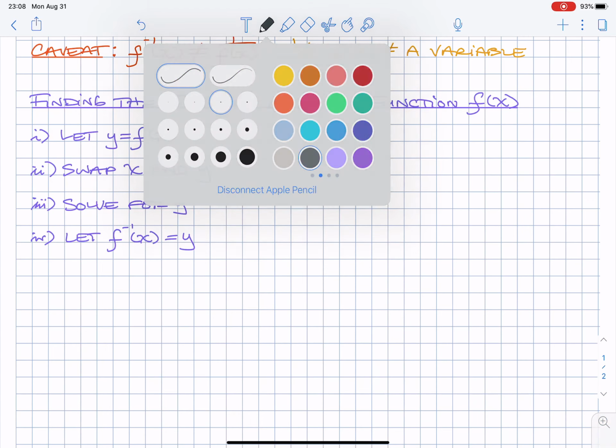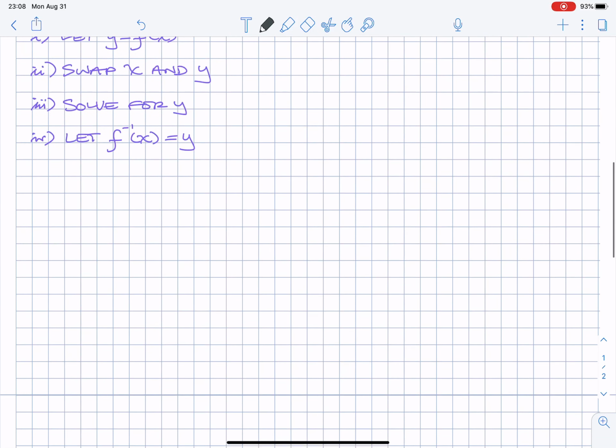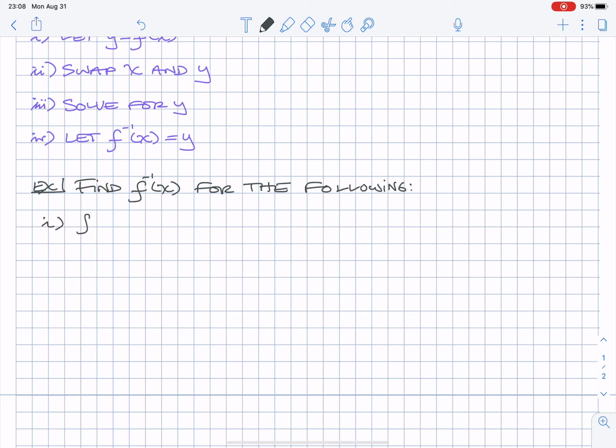So for example, find f inverse of x for the following functions. Number 1, we have that f of x is 2x plus 3.